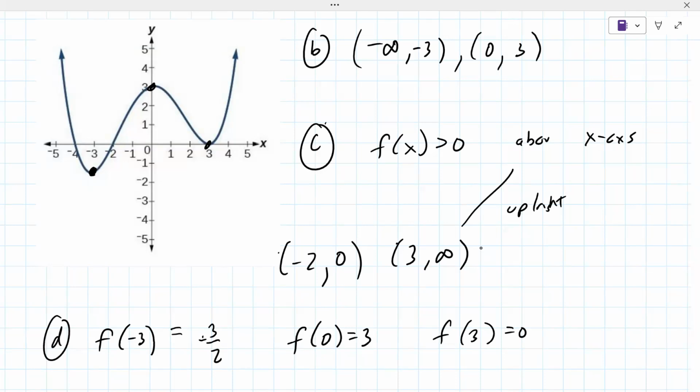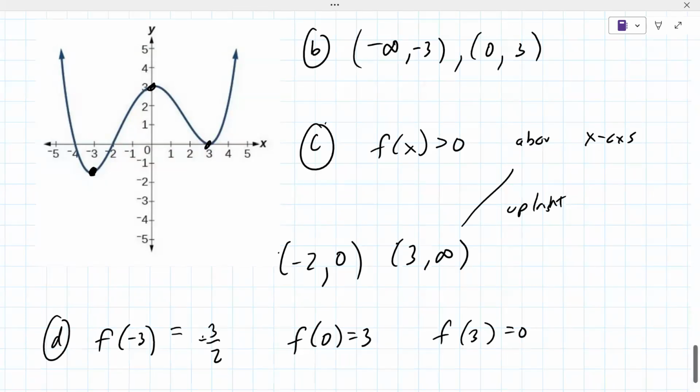That's the absolute minimum. -3 halves. Then the maximum.